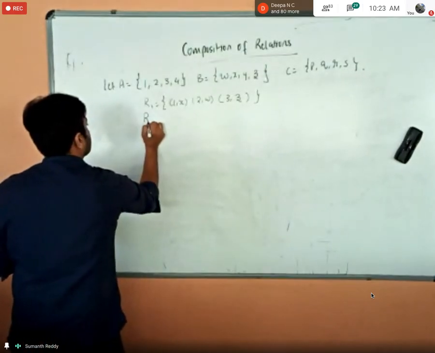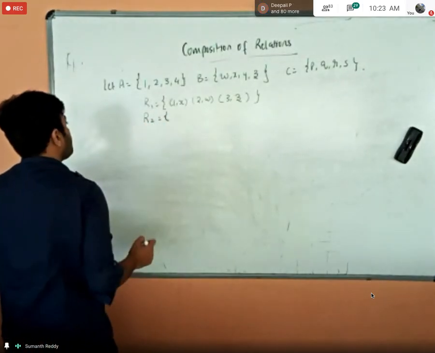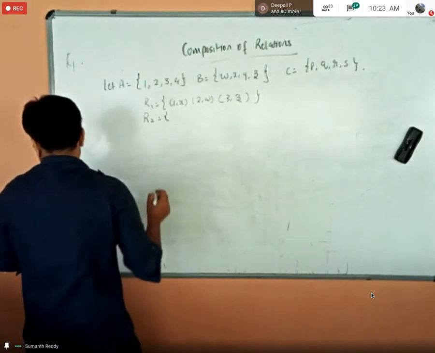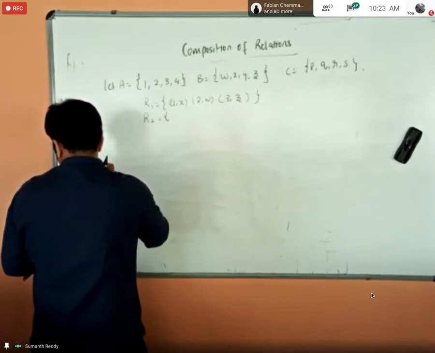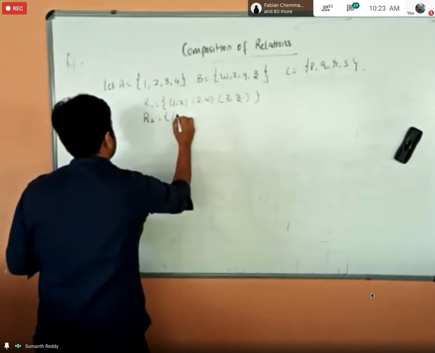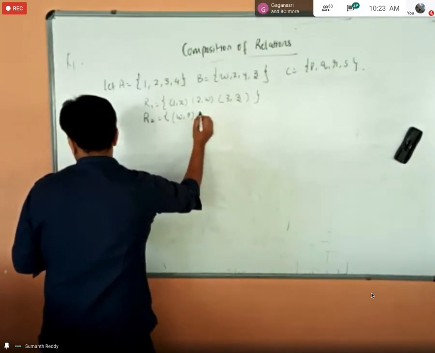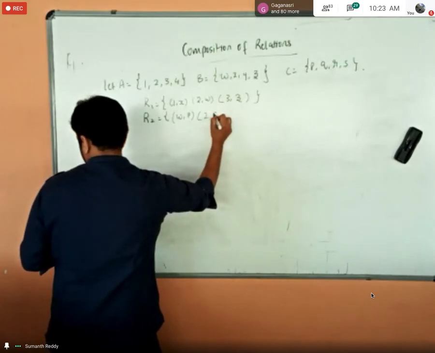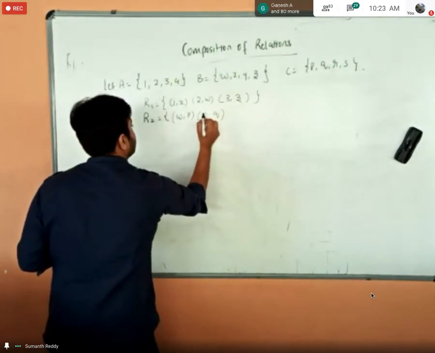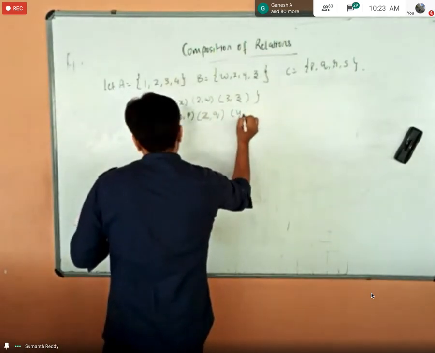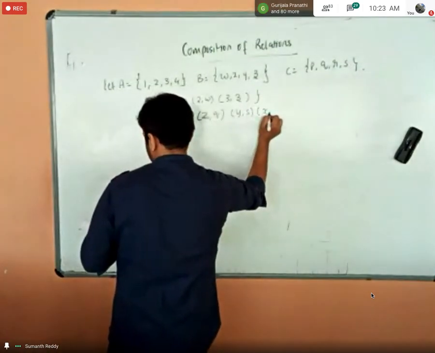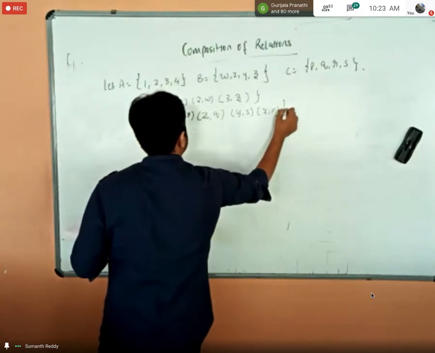Even though he has not said which set to which set R1 and R2 are defined, by looking at the ordered pairs you can easily make out. R2 is a relation which has the ordered pairs (W, P), (Z, Q), (Y, S), (X, P).